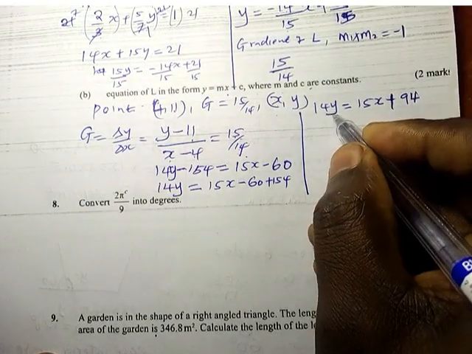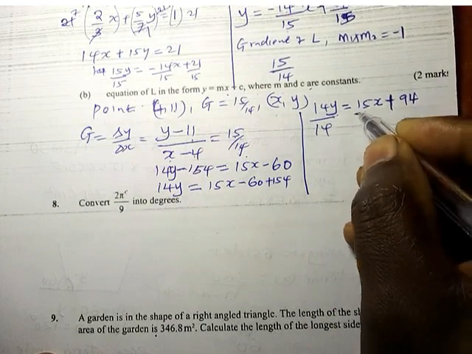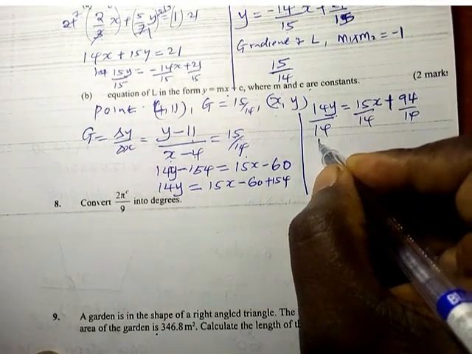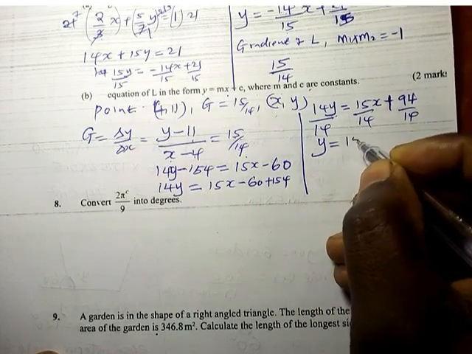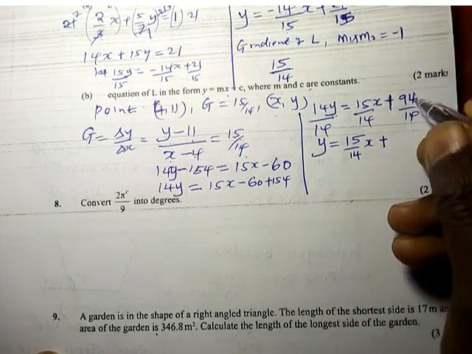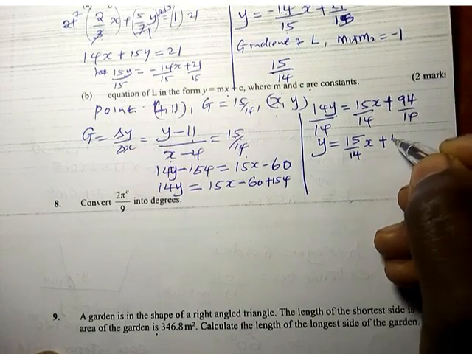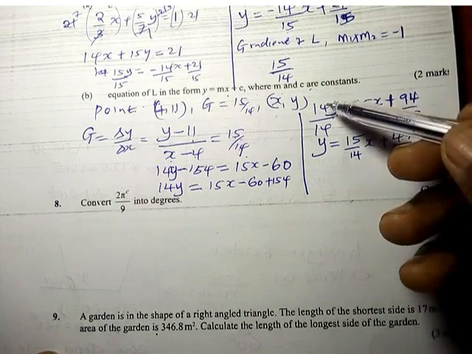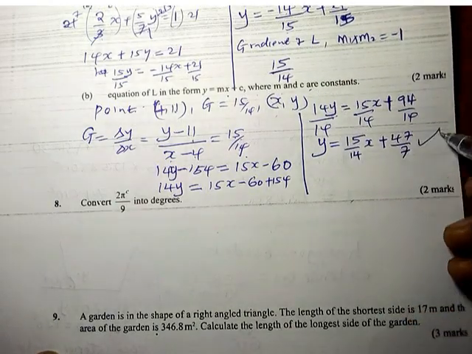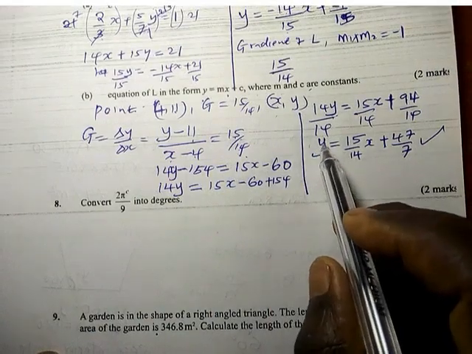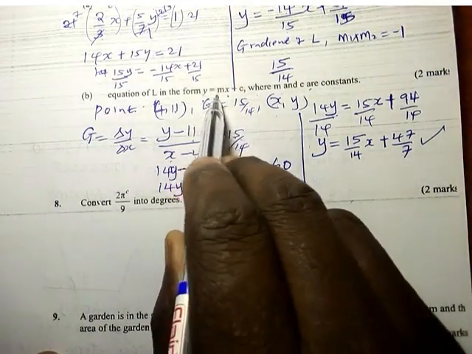So we want y, so y equals 15 over 14 x plus, we can simplify, 2 here 47, 2 here 7. So the equation of this line is this, and this one is in the form y equals mx plus c. It means you must make sure y remains here alone for it to be in this form.